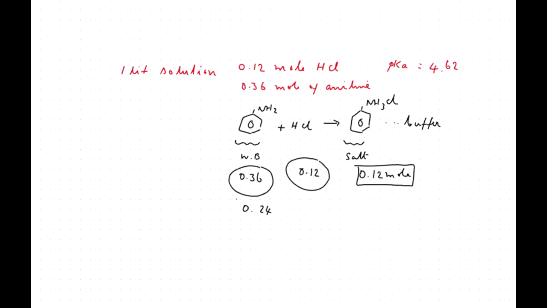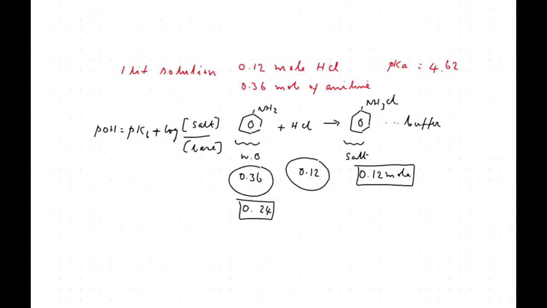Now I am going to substitute these values in the equation. pOH is equal to pKb plus log of salt concentration by base concentration. This is called the Henderson-Hasselbalch equation.